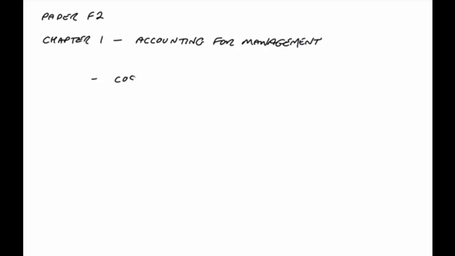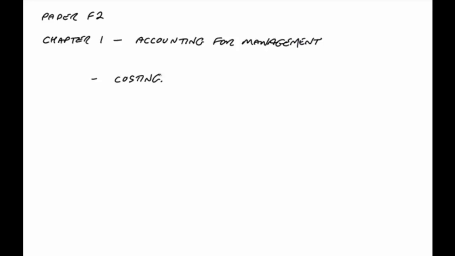But one of the jobs is costing. And all we mean by that is if we're a manufacturing company, if we make, for example, desks, then we're going to need to know how much a desk is costing us to make. It may seem fairly obvious, but we're going to need to know it, if for no other reason than to decide on a selling price, because obviously normally we'd want to charge a price more than it costs to make.